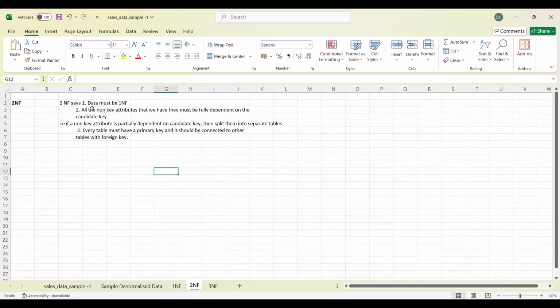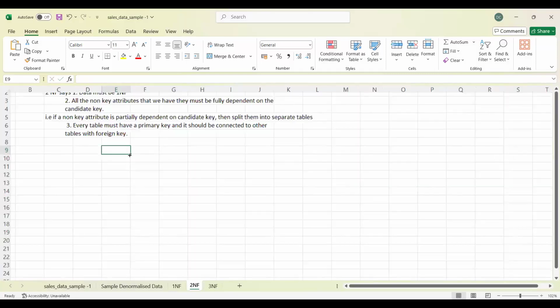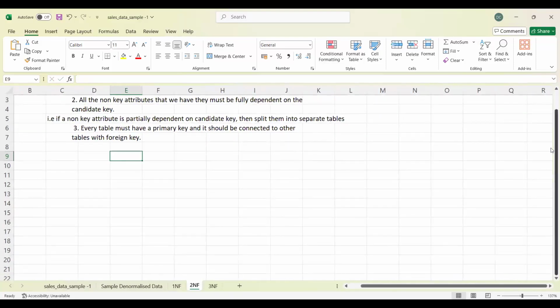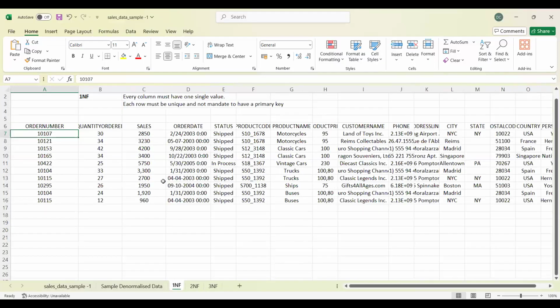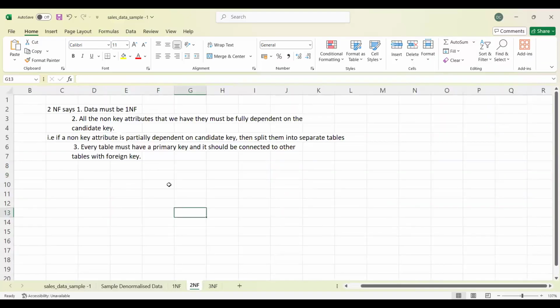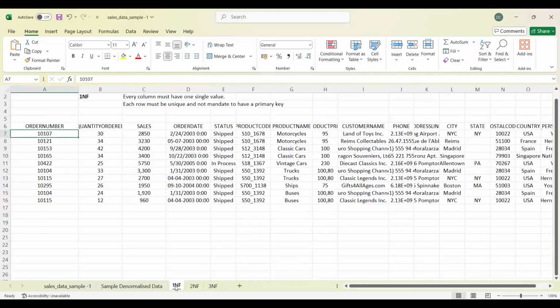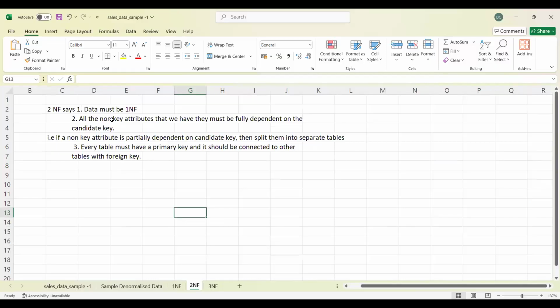Basically in 2NF we have 3 points. First point is that data must be in 1NF. That means on the 1NF data only, we can start creating 2NF. First, denormalized data should be converted into 1NF, and if that data satisfies 1NF, then we can start working on 2NF.